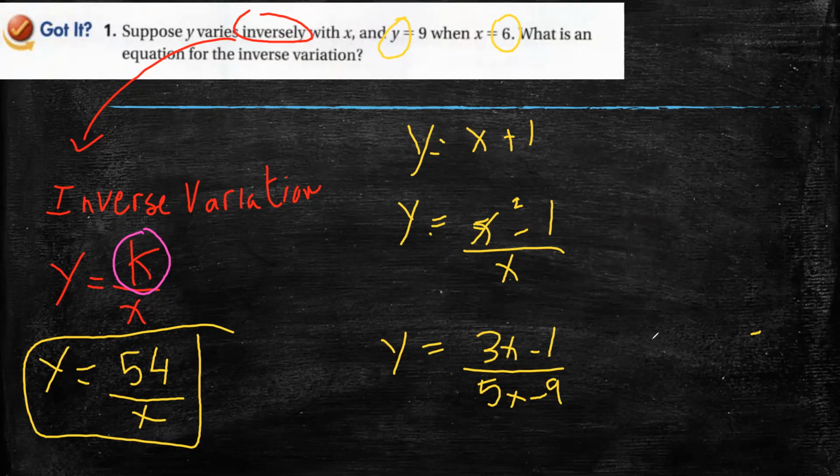So in each equation that we talked about before, you have y on the left and x on the right. In the inverse variation, you have the same. You have y on the left and x on the right. So since it is an equation, we must have x and y in the equation.